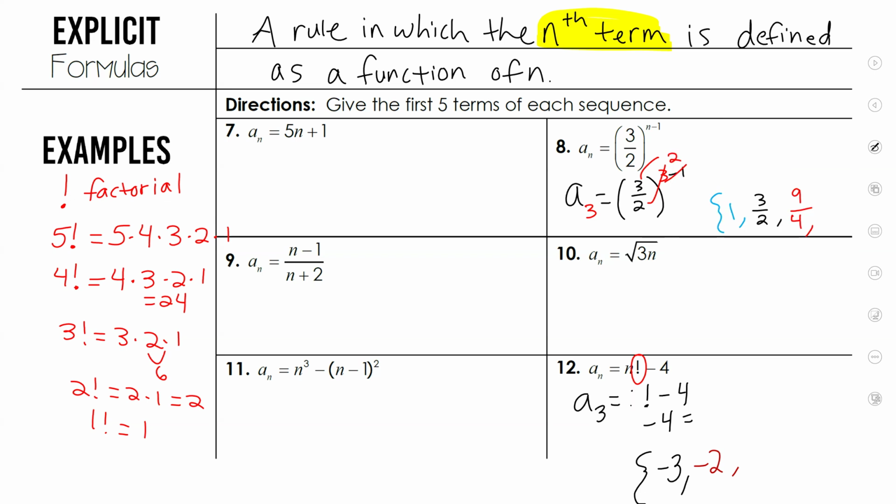Third one, 3 factorial is 3 times 2, which is 6. Minus 4 is 2. So I'll let you guys do the next 2. I'll let you do all of these examples, and then we can come check them later. I'll let you guys try.